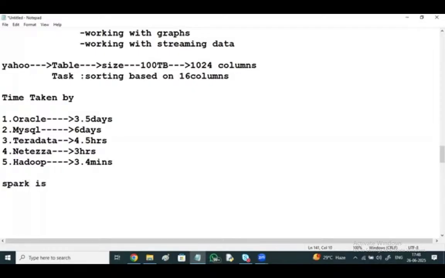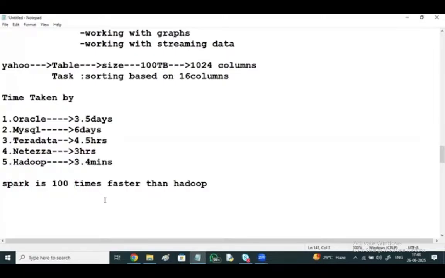Spark is 100 times faster. In Hadoop, we see MapReduce. So Spark is 100 times faster than this Hadoop. Where these have taken days, these have taken hours, these have taken minutes, then see the speed of Spark.